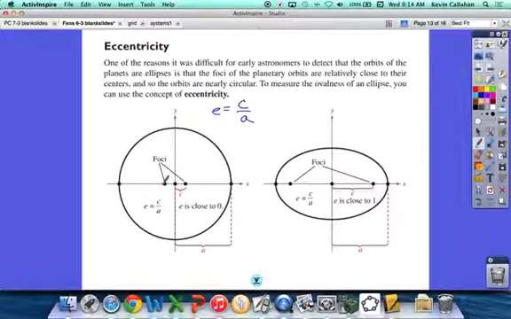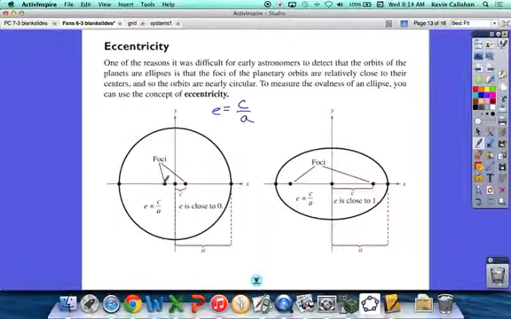e equals, in this case, c over a, which is 6 over 8. And usually that's a decimal, 0.75. Right, the next one, c is 2, and the a was 4. 1/2, 0.5.